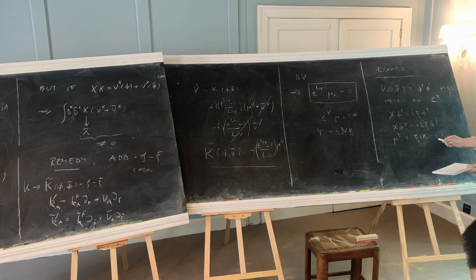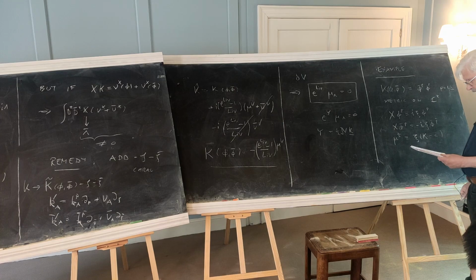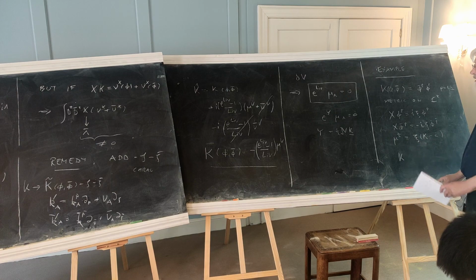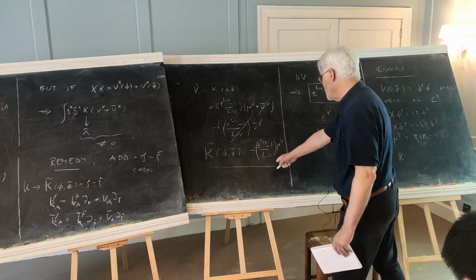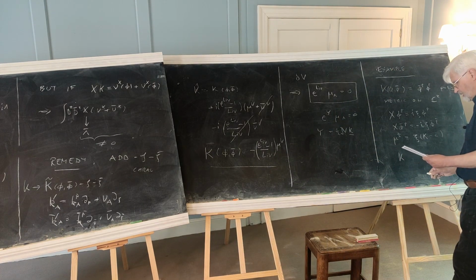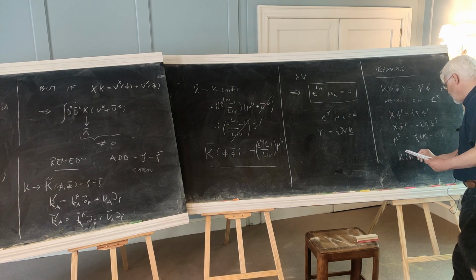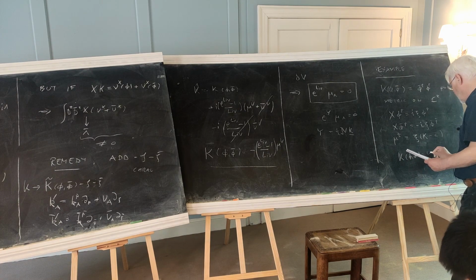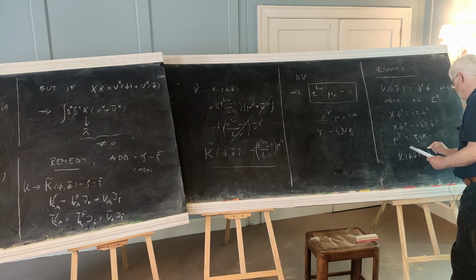There's a story behind being allowed to add that constant, but this is what the moment map looks like. And then if you use that and write down this form, which looks messy here, it becomes very simple. It becomes k of phi twiddle is phi bar p phi p e to the v minus cv.